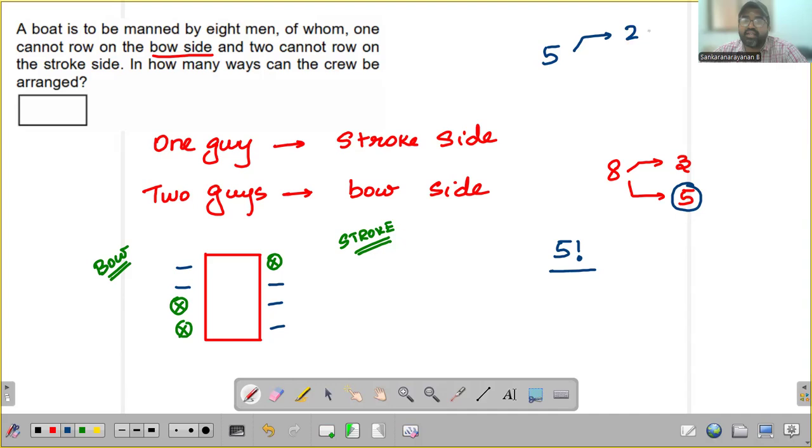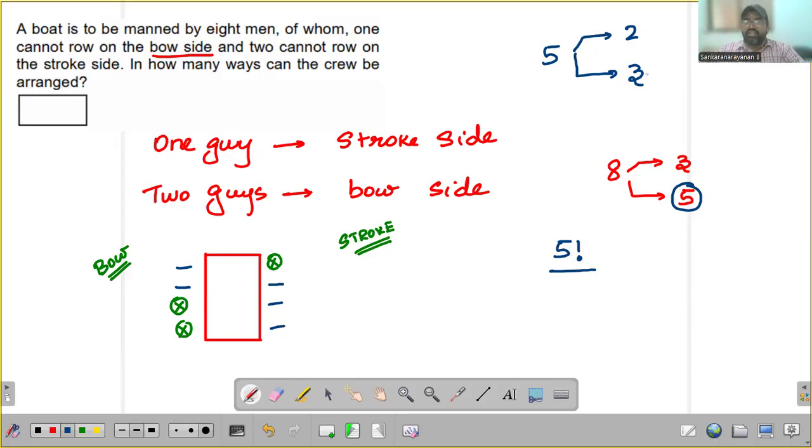One, the 2 people who are going to the bow side, and the remaining 3, they will be going to the other side. But there is no preference over there. So you have to divide 5 into 2 groups. Group number 1, 2, and group number 2, it is 3.